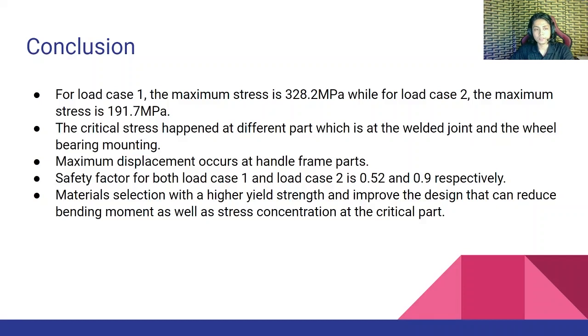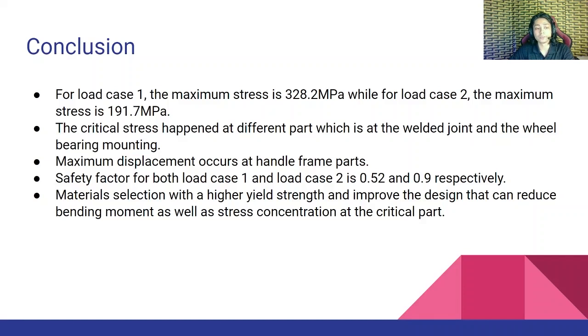Furthermore, the critical stress happens at different parts, which is at the welded joint for load case 1 and at the wheel bearing mounting for load case 2. As for the maximum displacement, it occurs at the handle frame parts for load case 1, while for load case 2, it happened along the handle frame and also at the frame parts at link number 1.